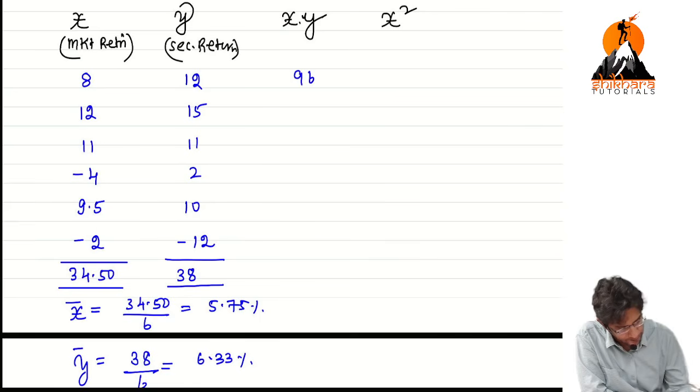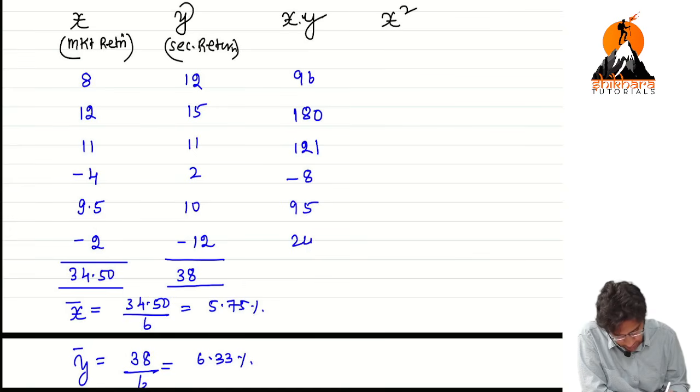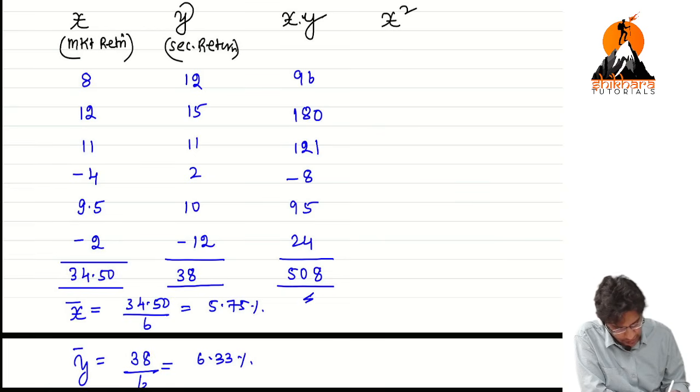X into y: 12 into 8 is 96. 12 into 15 is 180. 11 into 11 is 121. Minus 4 into 2 is minus 8. Then this is 95, and this is 24. Now 96 plus 180 plus 121 minus 8 plus 95 plus 24 is 508. That is the summation of xy.